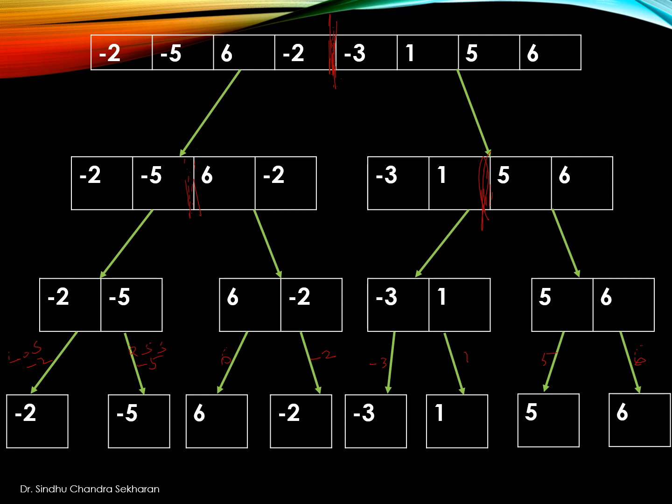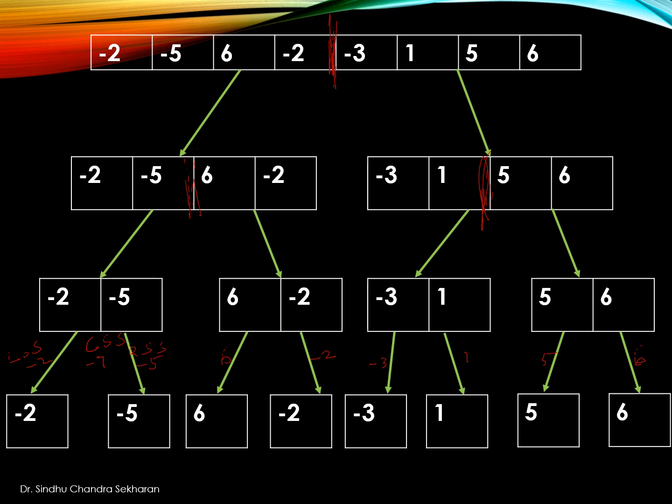So the crossing subarray sum, which I say CSS, is -7. Here the crossing subarray sum includes the midpoints, and then it can add any number of elements to the left side and any number of items to the right side, such that it is bringing the maximum sum.